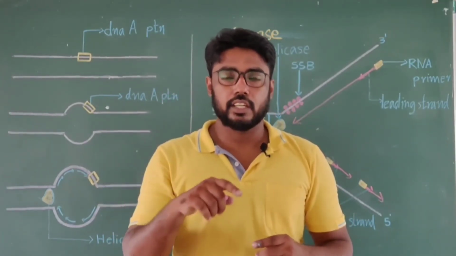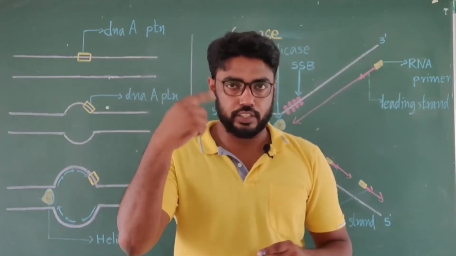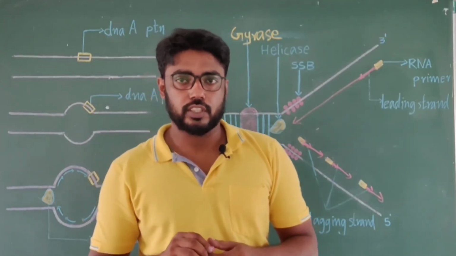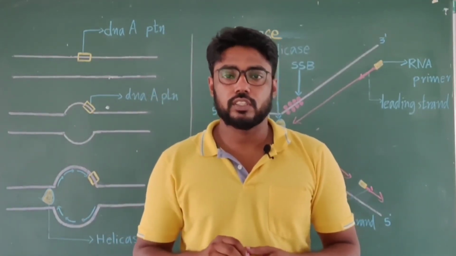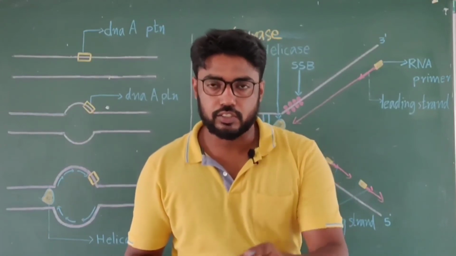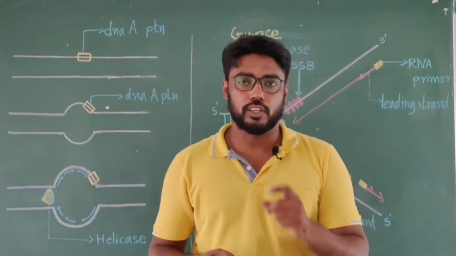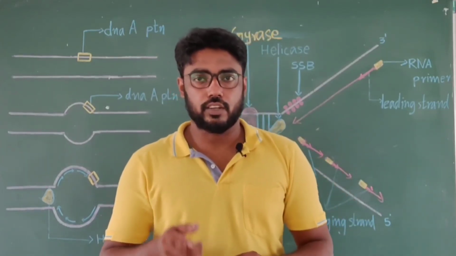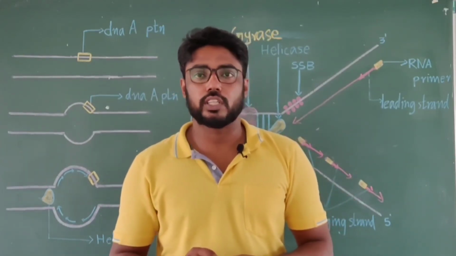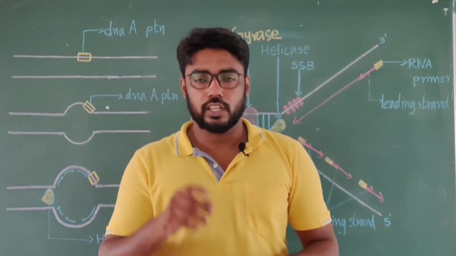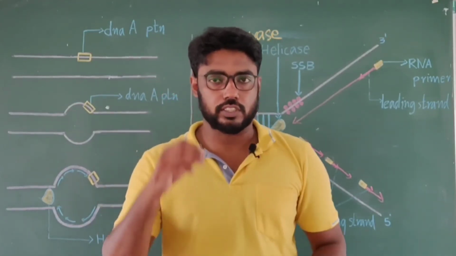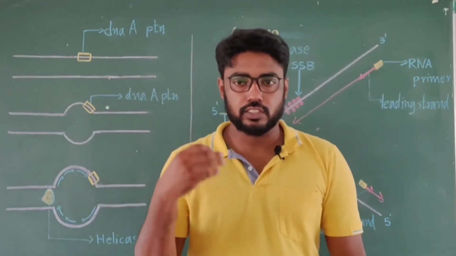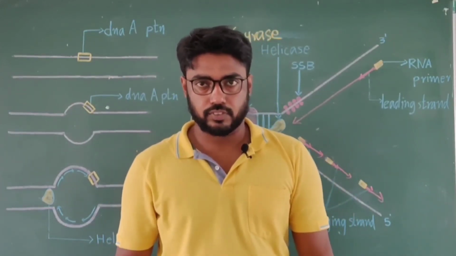In this circular DNA, on the opposite side of the origin of replication, there is a sequence called the Ter sequence. A protein called Tus protein will bind on the Ter sequence, and this will stop the replication.